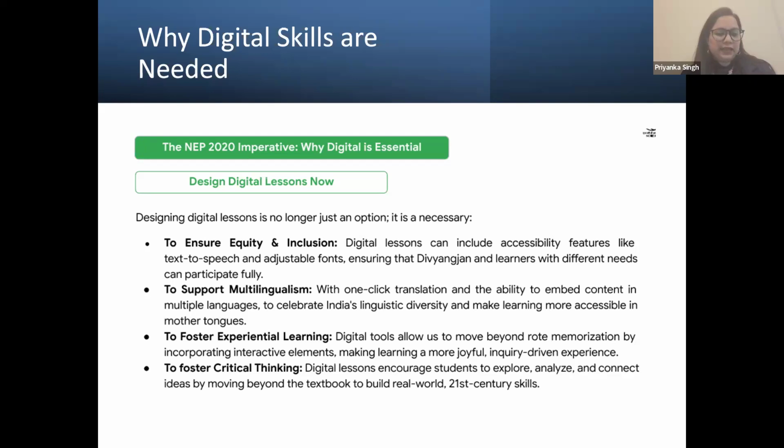To foster critical thinking, when you are bringing in tech, your students explore, analyze, and connect ideas beyond the textbook to build real world 21st century skills. Bring in gamification in your classroom. Bring in the tool of Minecraft. Bring in the tool of quizzes and Kahoot.